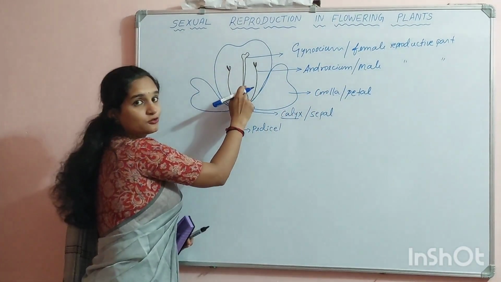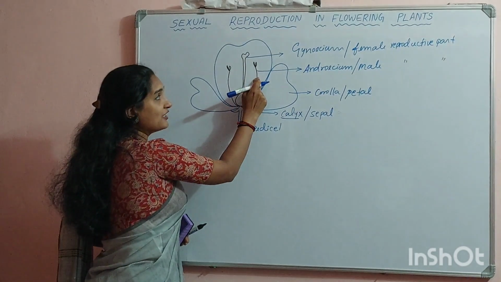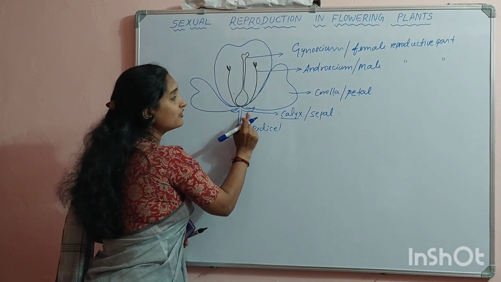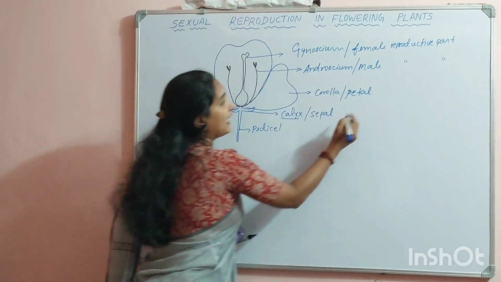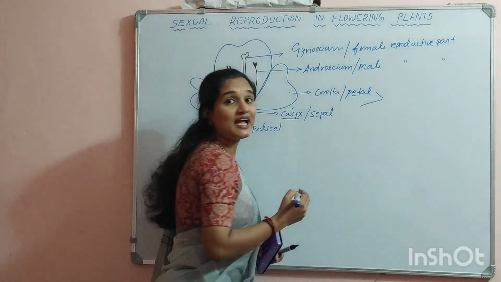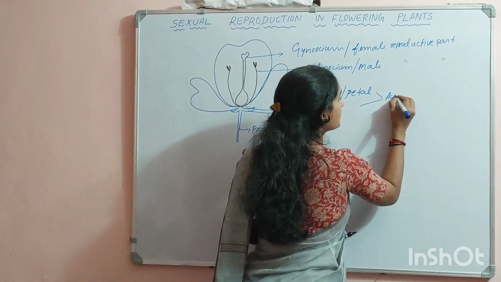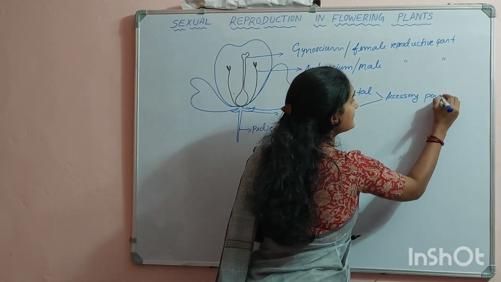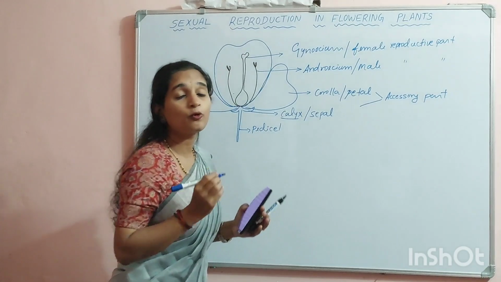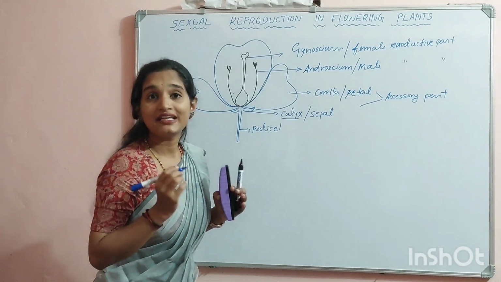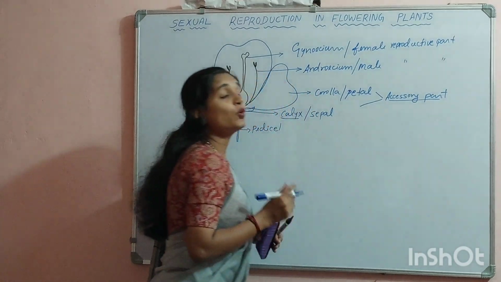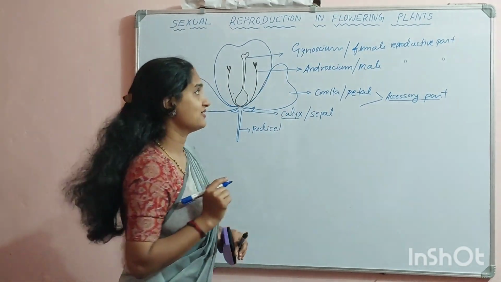The innermost whorl is the gynoecium, the next whorl is the androecium, the next outer whorl is the corolla, and the last whorl is the calyx. These two whorls are called the accessory part because they don't play any role in reproduction. Their function is only to attract the pollinators.